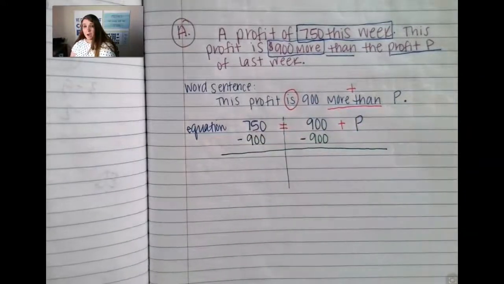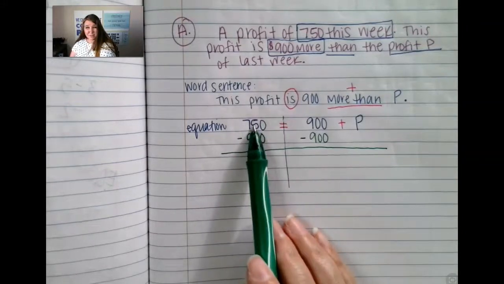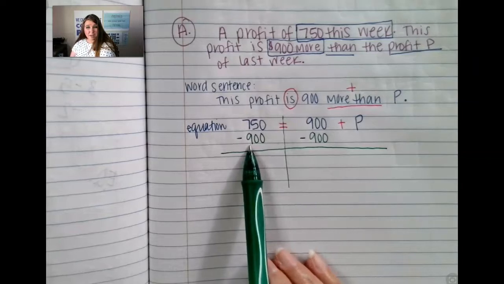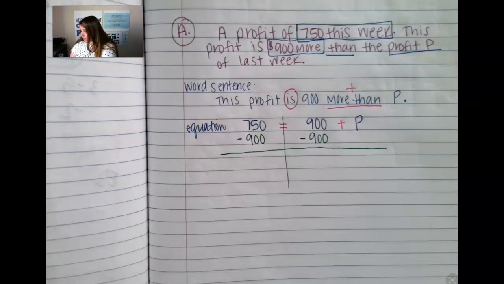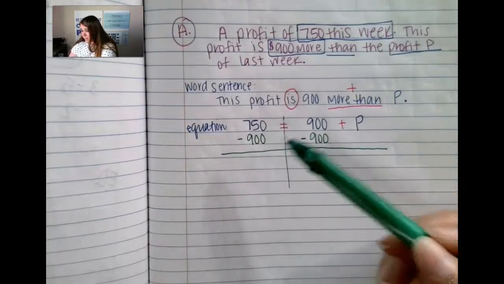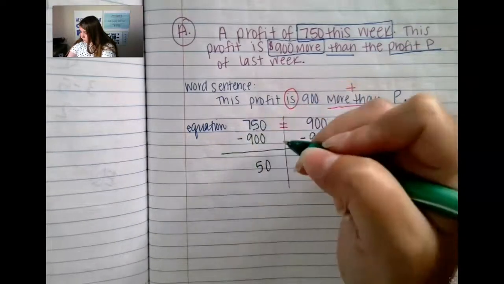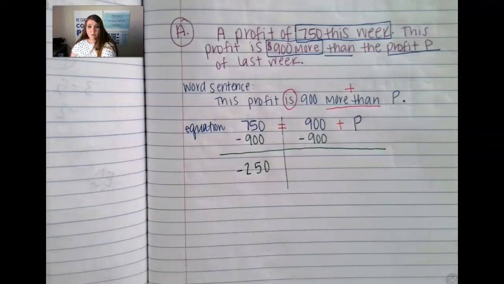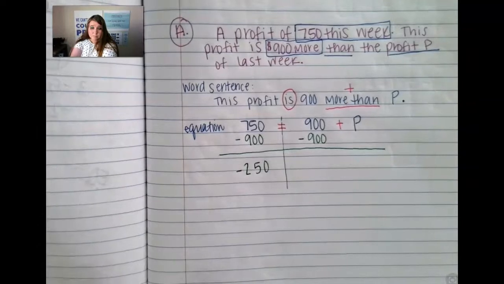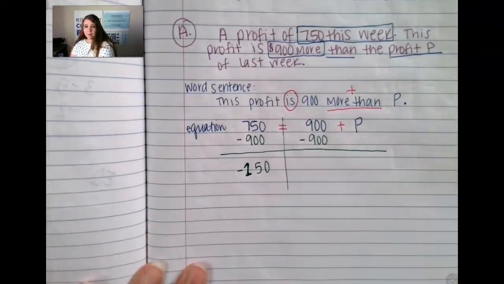We are going to end up in the negatives, right? Because we only have a positive 750 and we are removing 900 from that. That means that last week, the profit was not a positive profit. So we have 750 minus 900. Sorry, that should be a 1, not a 2.